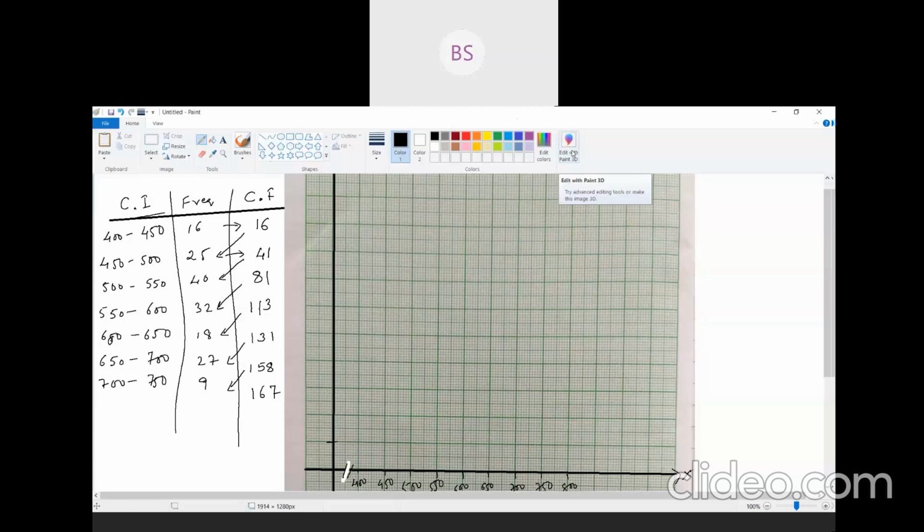Now here we can see the values go up to 167. So what we can do is we will take a difference of 20 over here. So 20, 40, 60 and so on.